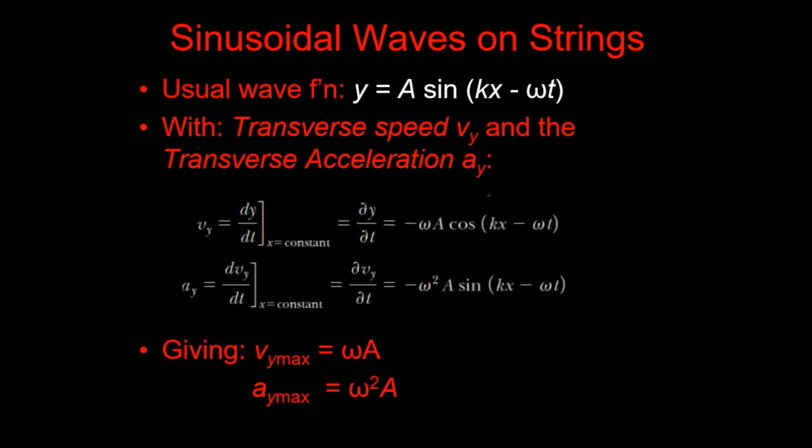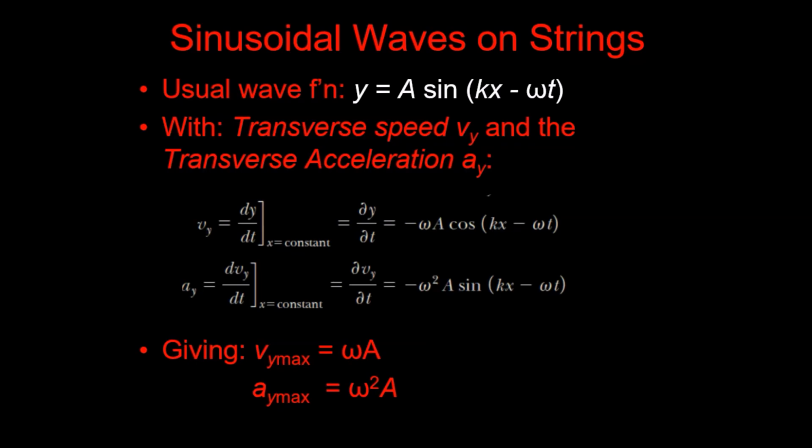When we look at our wave function, the usual wave function is essentially a sine kx minus omega t. We have some transverse speed and an acceleration. So dy by dt essentially is the velocity of our wave, will be negative omega a cos kx minus omega t.